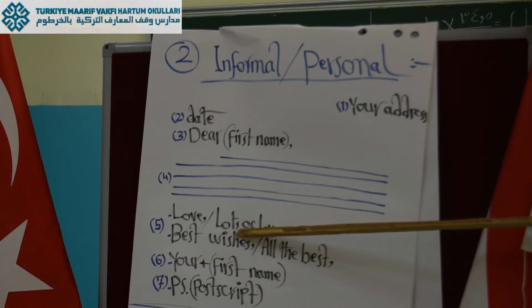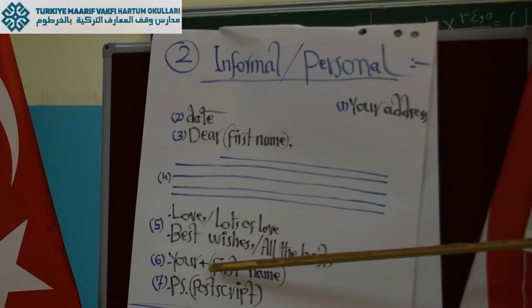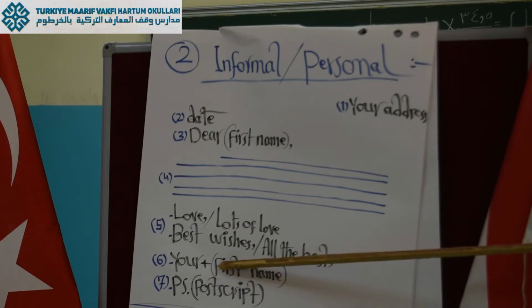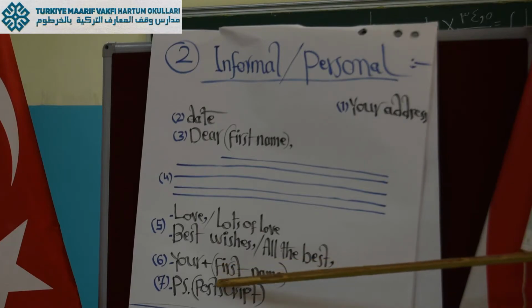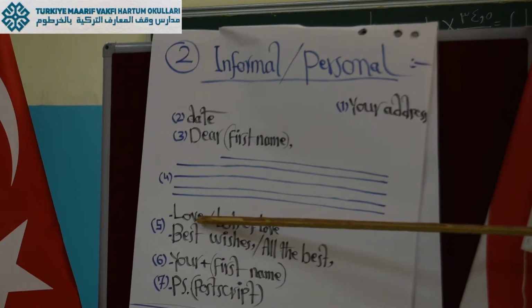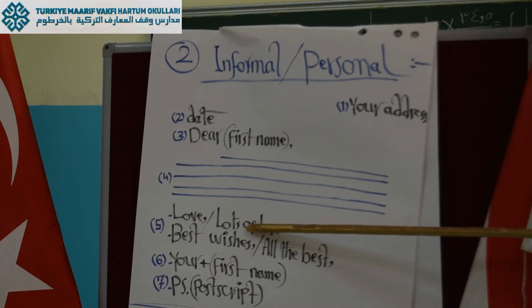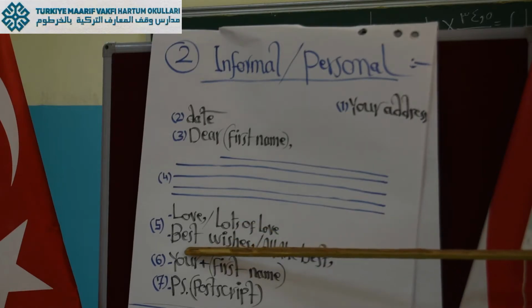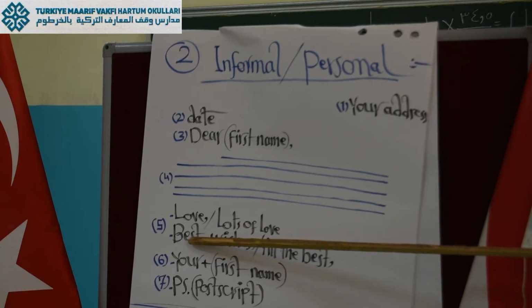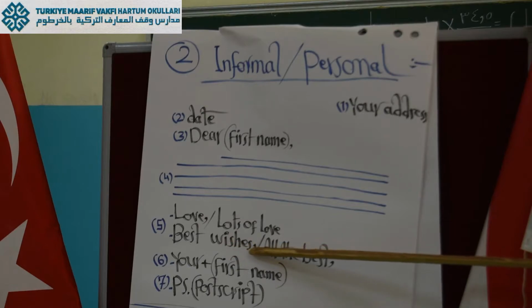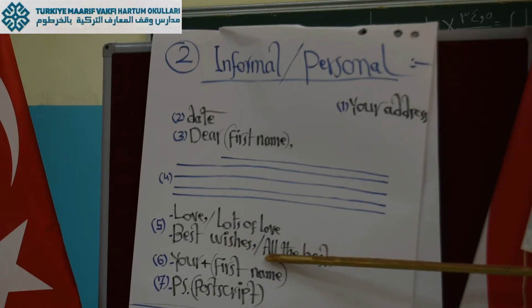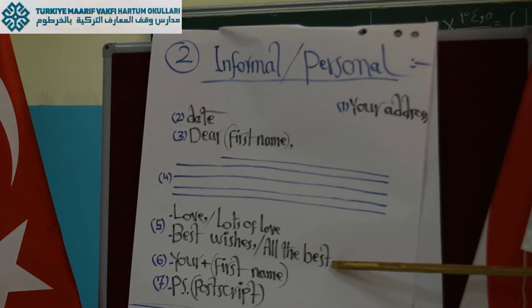Or you can say lots of love, and then write your name. But if the receiver is not your relative, nor close friend, I mean the others, in this case you can conclude your letter with best wishes, comma, or all the best, comma.